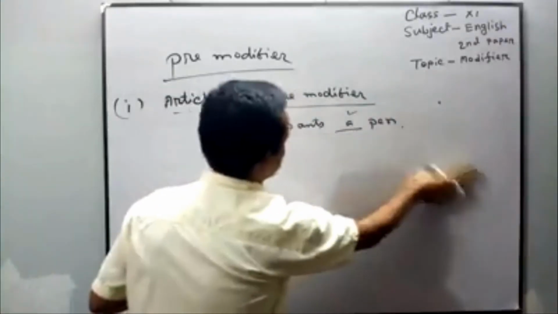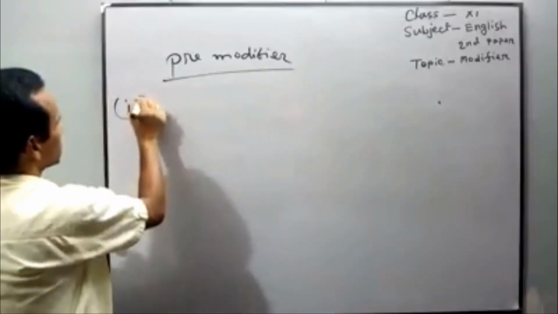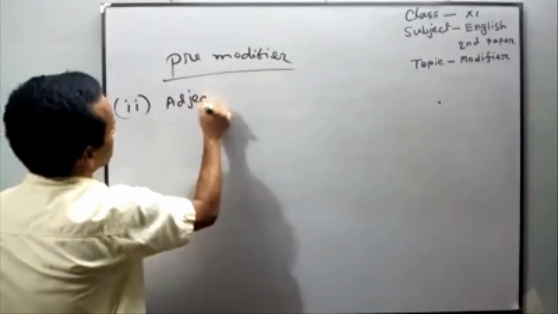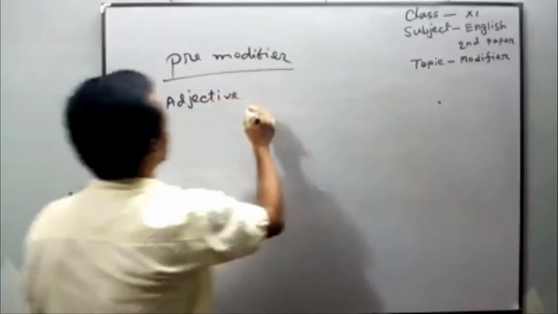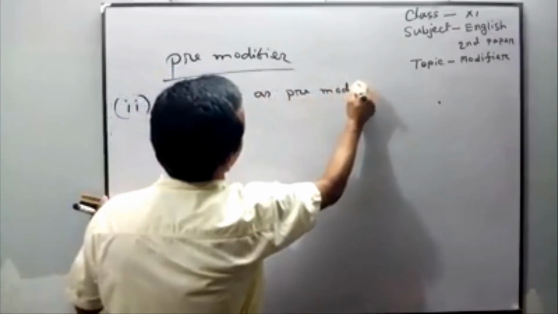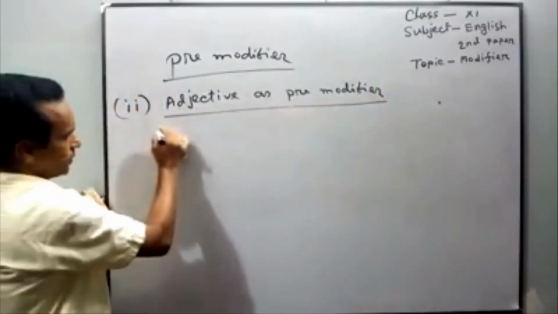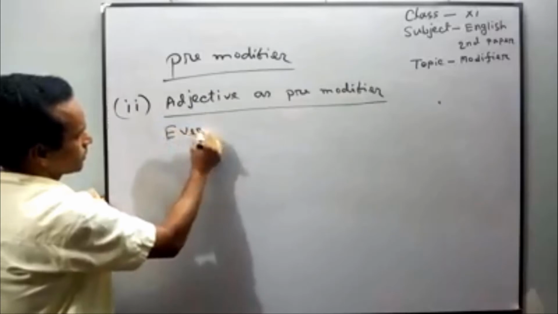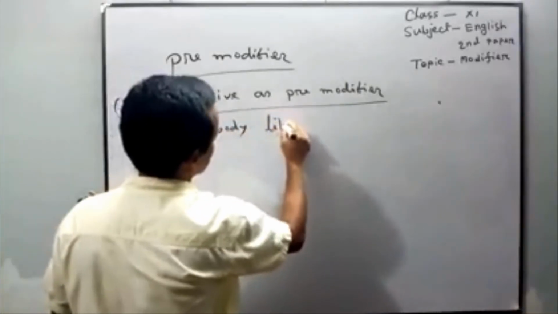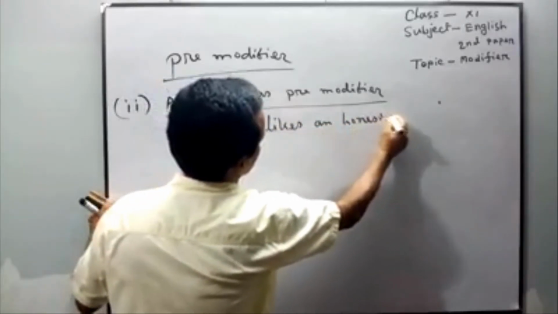Next, adjective as pre-modifier. Suppose, everybody likes an honest man.